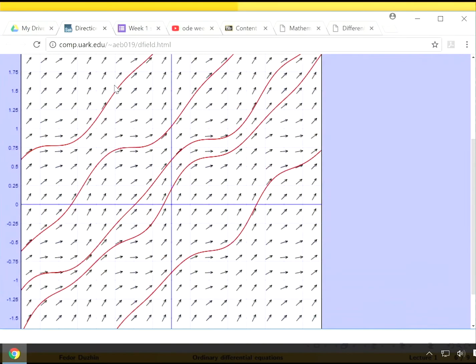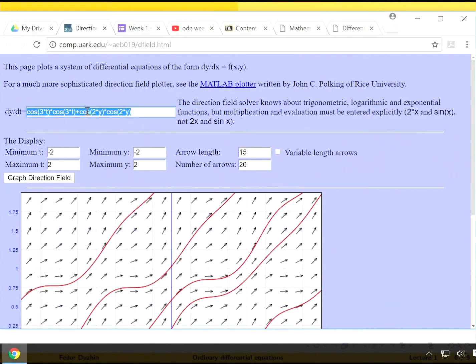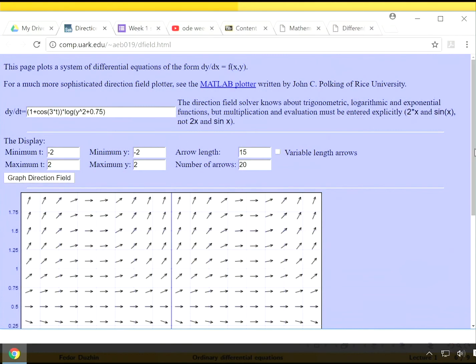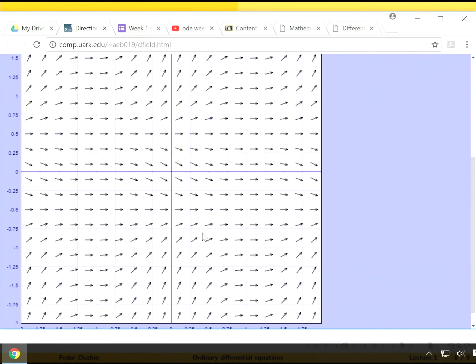So let me maybe do this: 1 plus cosine of 3t times ln of y squared plus 3/4. So here is our example.